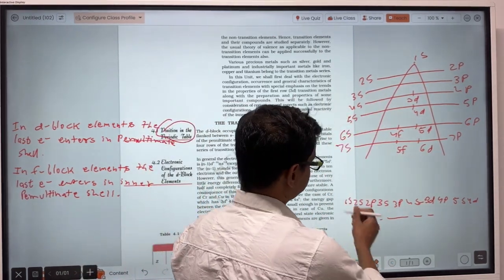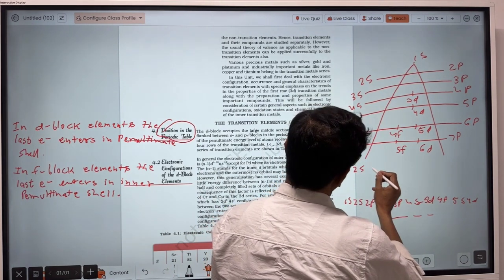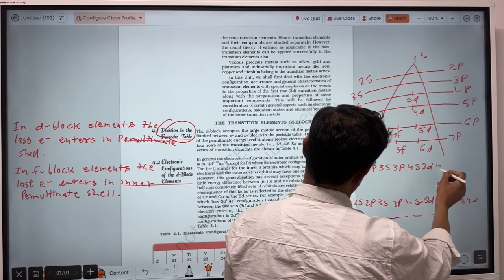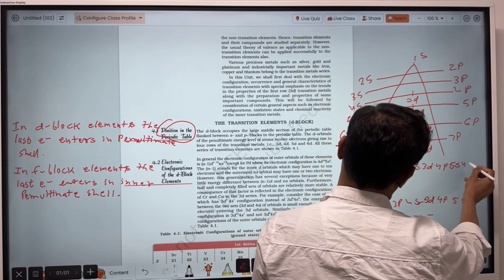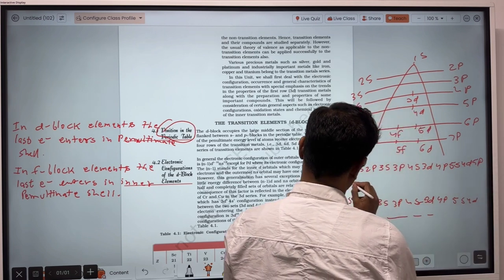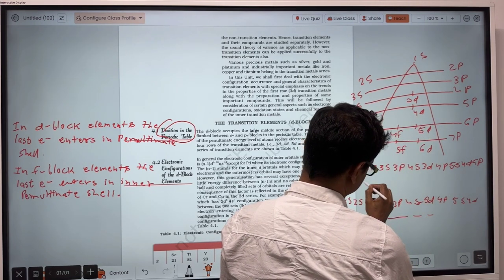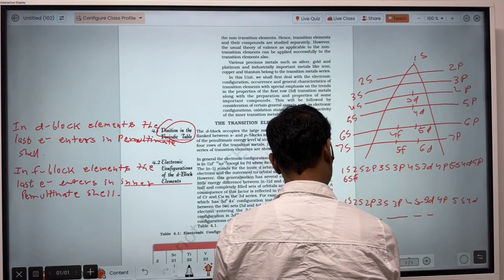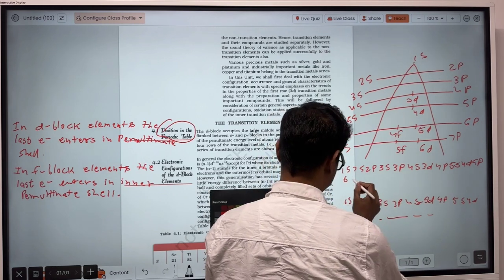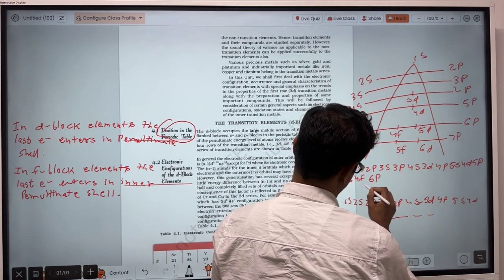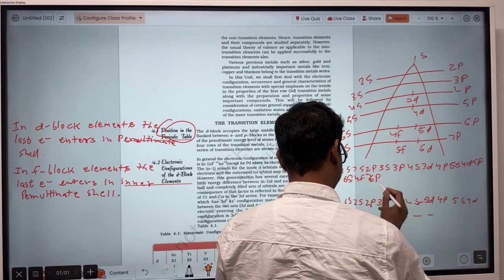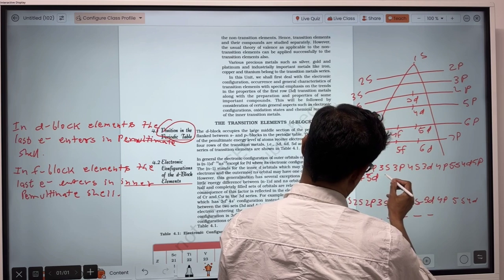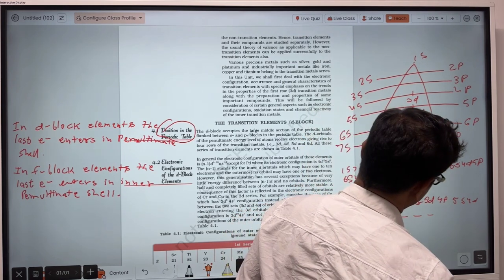So the increasing energy level will be, after 6s there will be 4f, and that will continue.